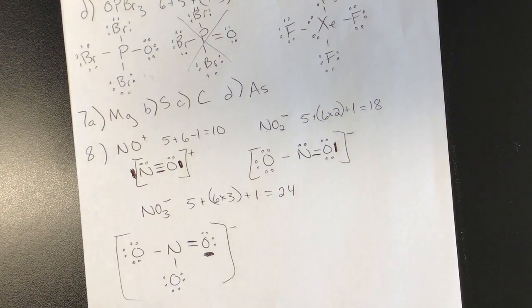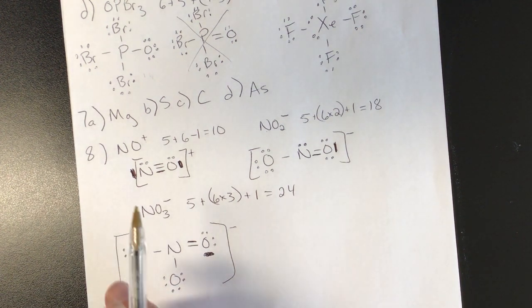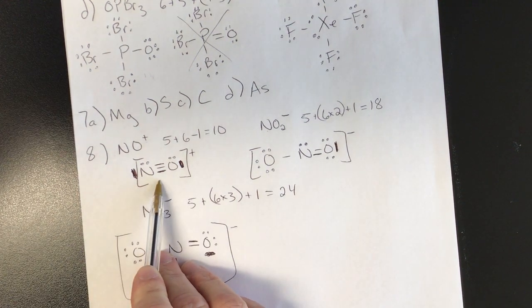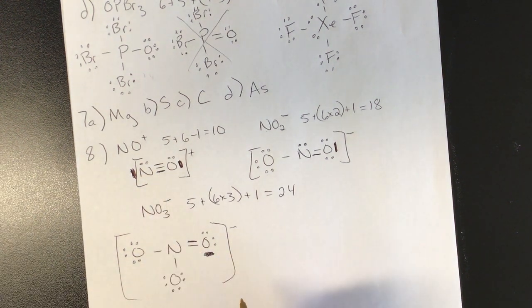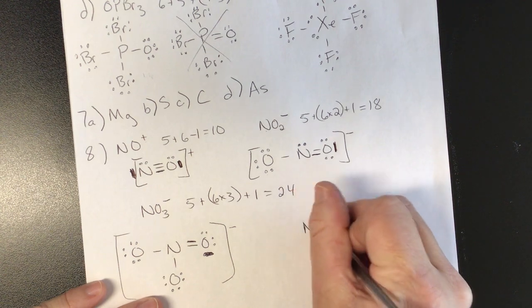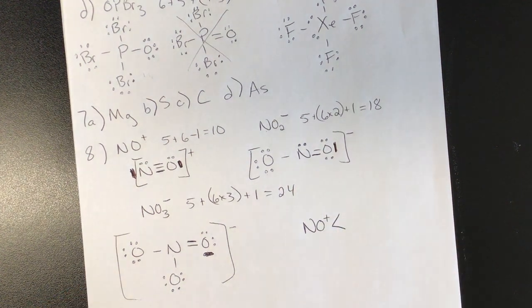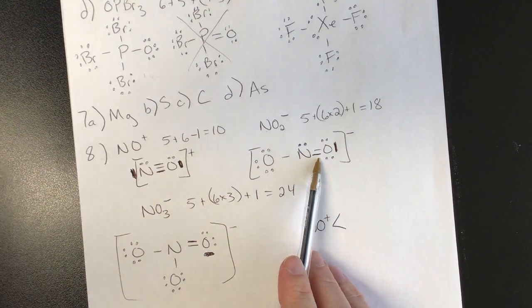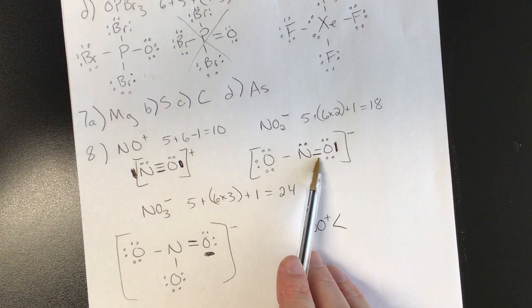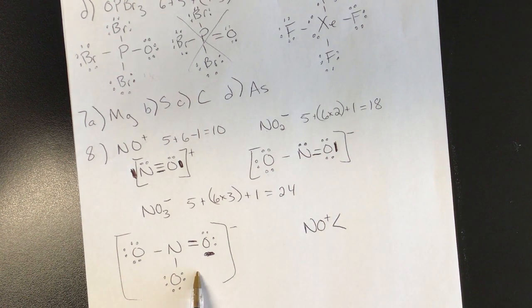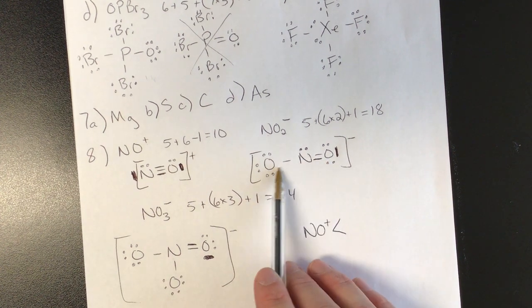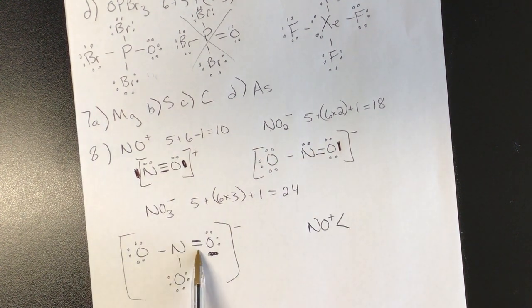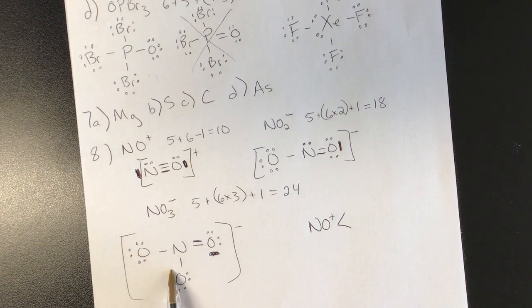So remember, triple bonds are the shortest, right? So NO plus has a triple bond, so it's going to be the shortest. Okay. Then we have a double bond for NO2 negative and a double bond for NO3 negative. But this double bond is only shared between 2 oxygens. This double bond is shared between 3 oxygens.